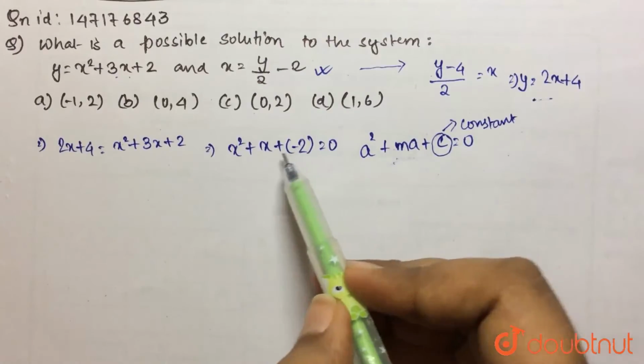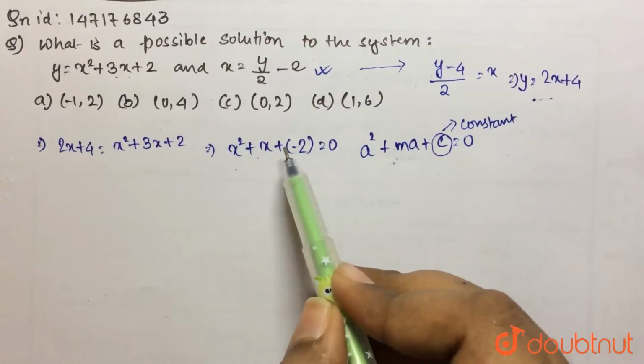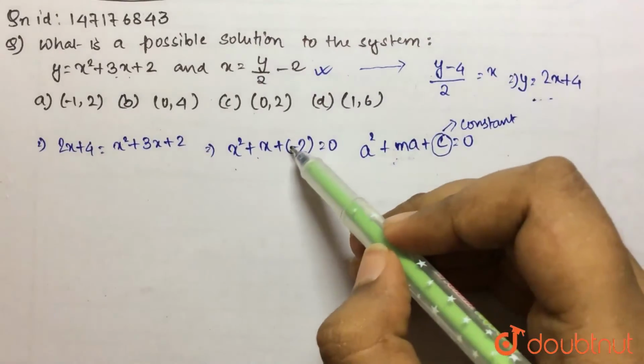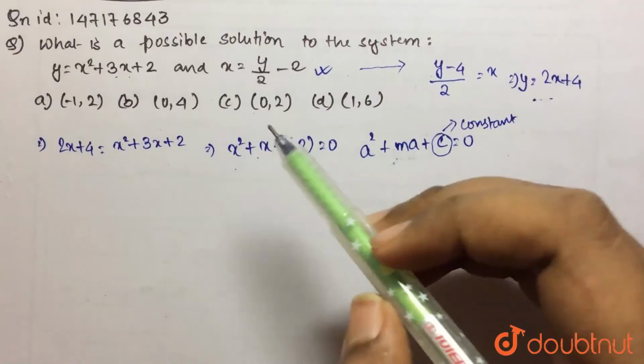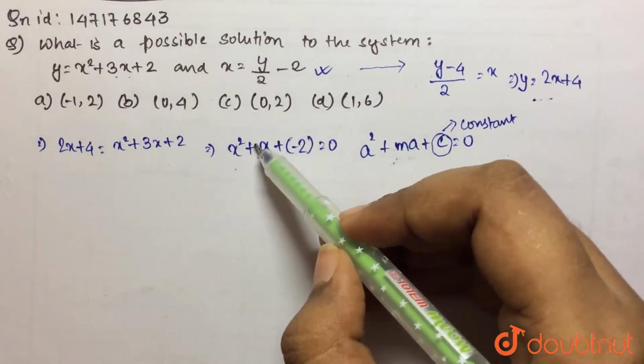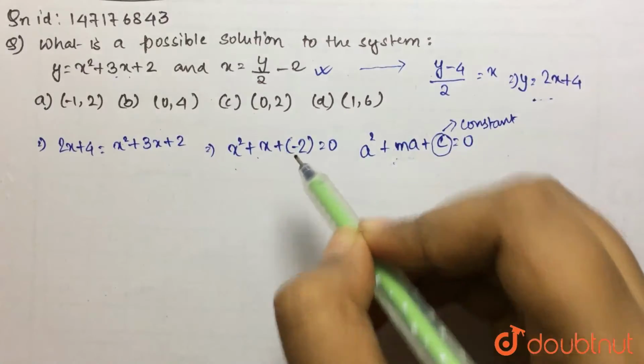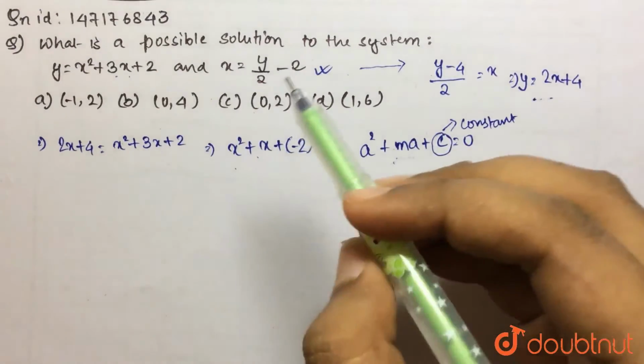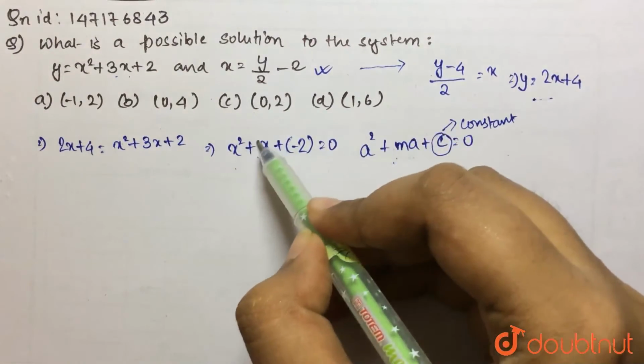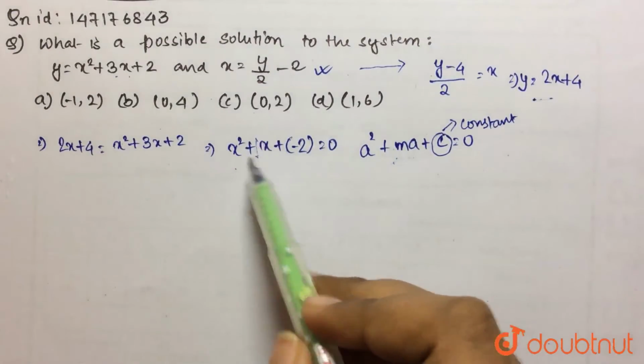So here you see x square plus x minus 2. So what is the constant here? It is minus 2. And what is the coefficient of x in the middle term? It's 1. So how are we going to break minus 2 into two such multiples that will help us obtain this coefficient of x in the middle term, right?